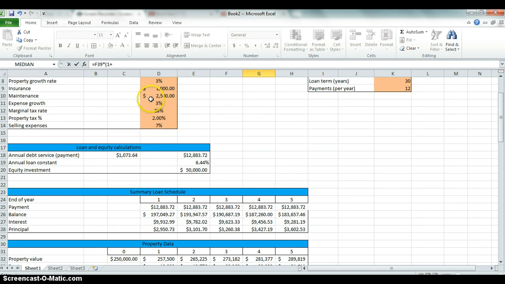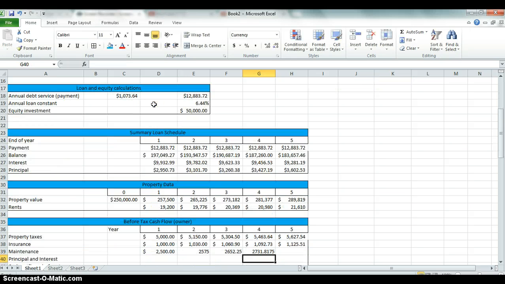Expense growth 3%. Don't forget to close your parentheses, or else you're gonna get a note saying that you didn't close your parentheses.